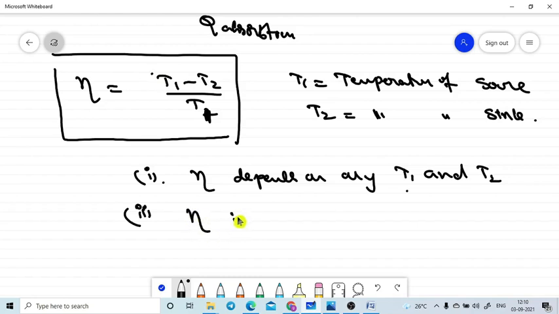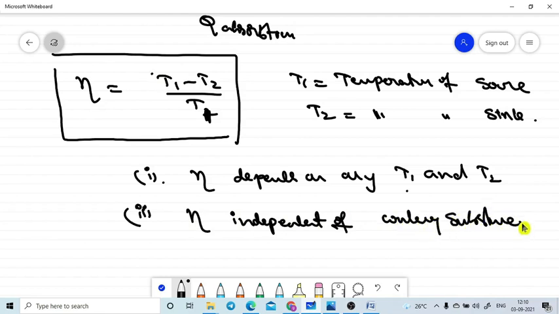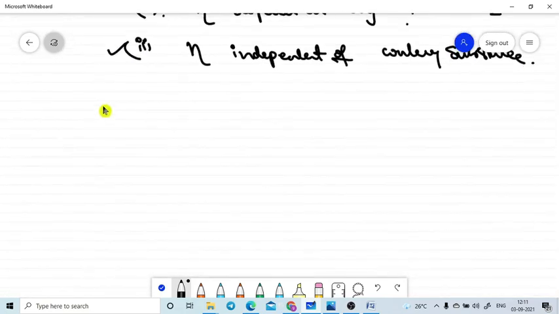So the eta is independent of the working substance. These two sentences we name the Carnot theorem. The conclusion of the eta in the Carnot cycle gives the Carnot theorem.